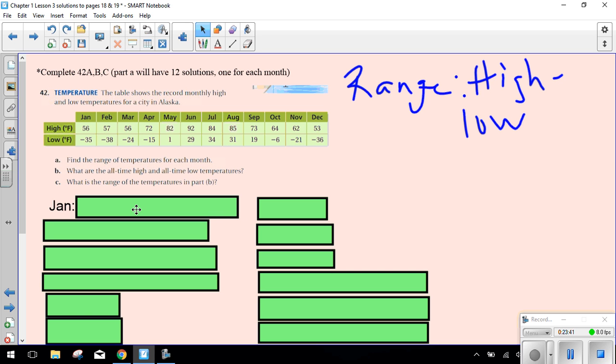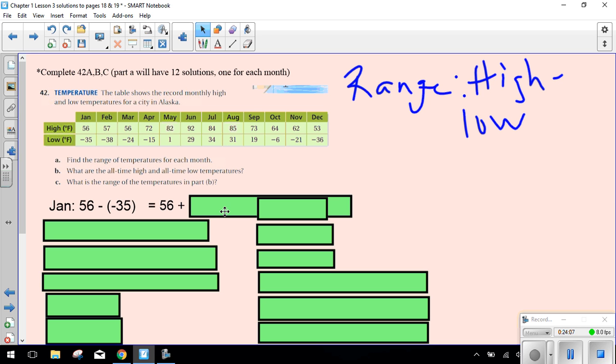So January, the high is 56. And we're going to subtract the low. So we're going to subtract -35. Please copy this down. Since this problem's written in subtraction, we're going to rewrite it in terms of addition. 56.